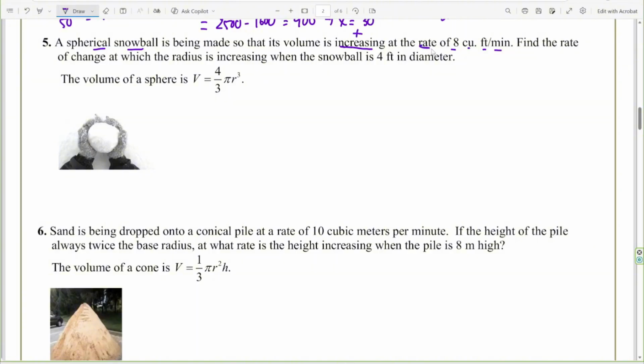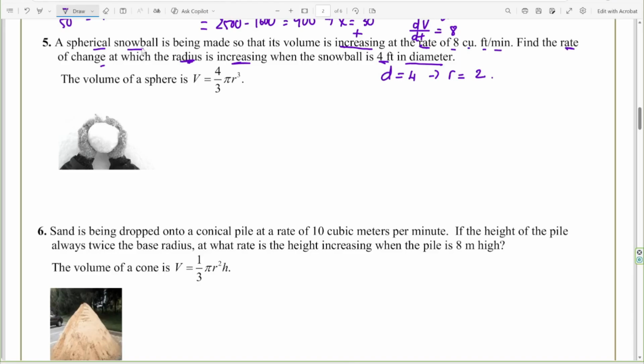The rate, so which means dv over dt equals 8, right? Now find the rate of change at which the radius is increasing when the snowball is 4 feet in diameter, right? So we have diameter equals 4, and then radius equals 2, right?